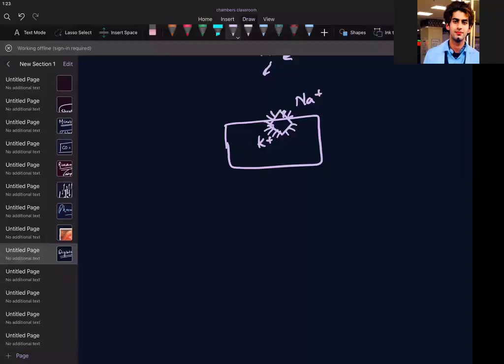This is normal physiology. Normally sodium is going out, potassium is coming in, through this pump, sodium, potassium, ATPase. But if I am inhibiting this pump, what will happen? Intracellular sodium levels will increase.